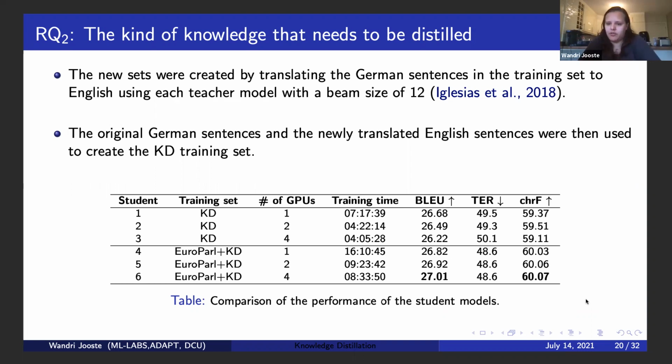If we undersample the knowledge distilled sentences or the Europarl corpus, then there will be fewer sentences. But also, we did train on only the knowledge distilled set, which is just as big as the Europarl set, but the improvements there weren't really worth it. So we do need to look into how we can actually use less than the full Europarl for the student models. Does that answer your question? Yeah. Okay. Thank you so much.